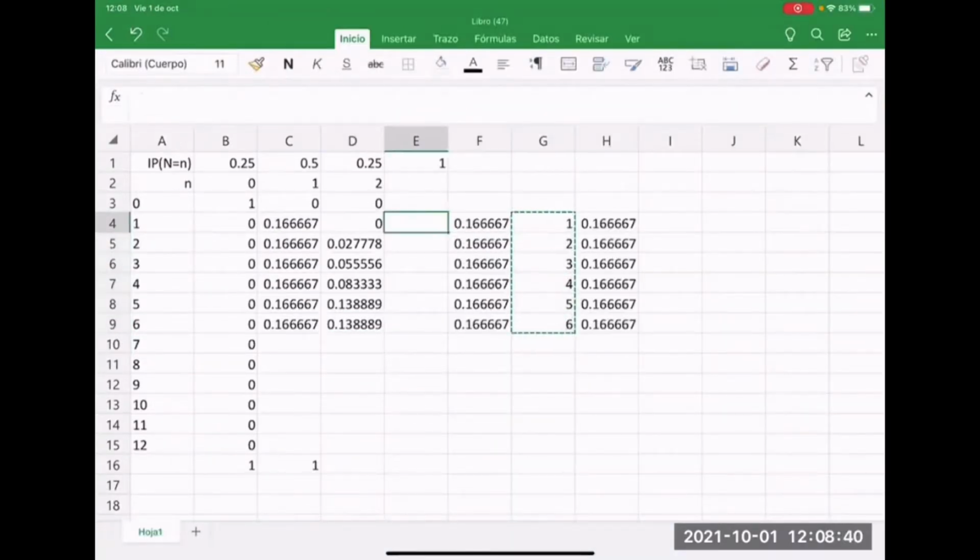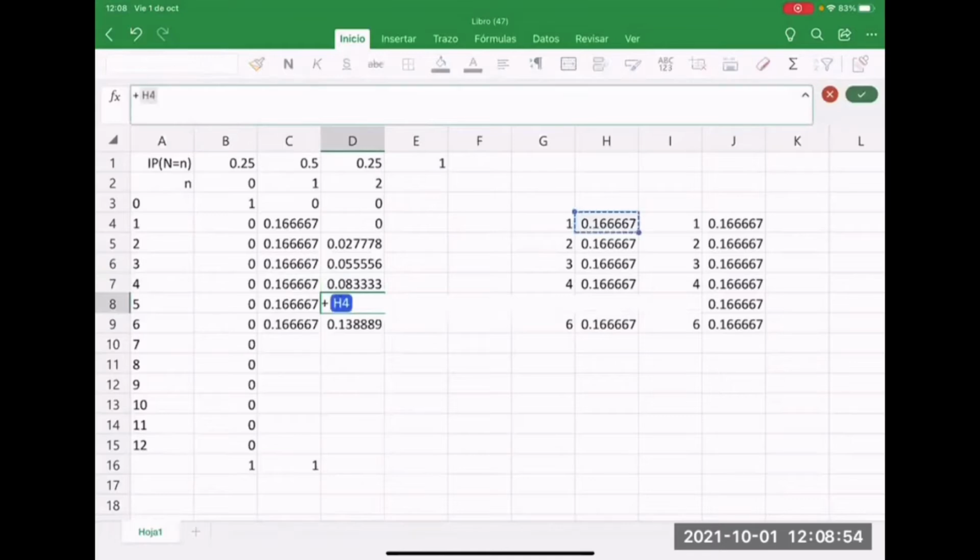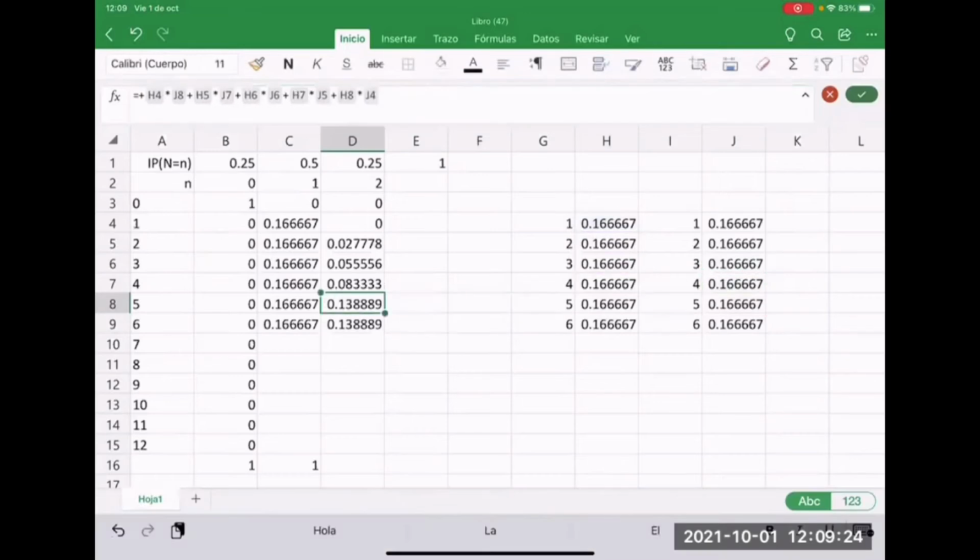I will just copy this here, so we can have a little bit more clarity, okay? So to get 5, we need this and that, or this and that, or this and that. Okay, so this is the one for the 6. So allow me to put it right here.